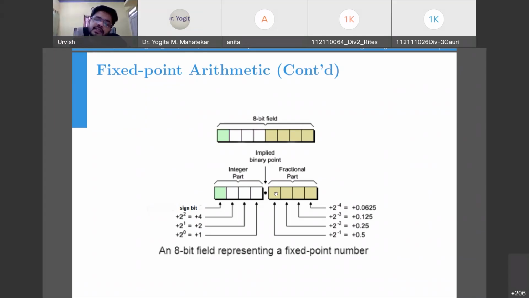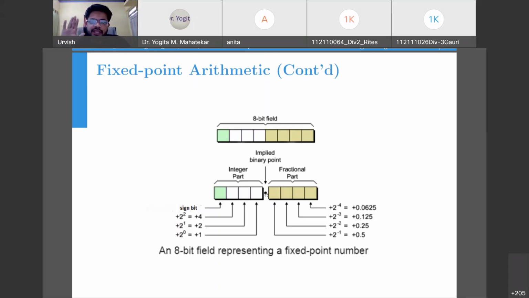Or in this case, because it is binary, divided by 2 raised to 4. But you are free to do the addition and subtraction assuming they are integers. That means you shift the decimal for your convention, and at the end of the calculation you say the decimal point is here. Right, it is scaled up, you do the calculation, and then scale it down again. Okay, so far so good.